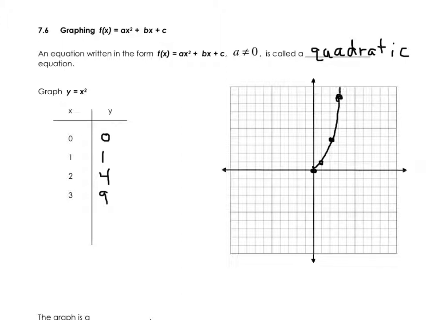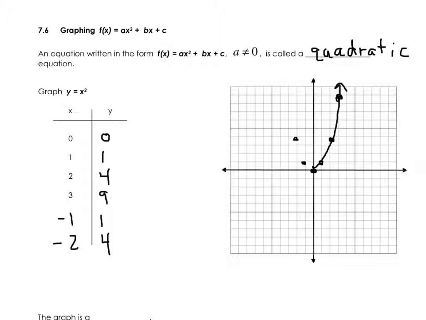So it looks like the line is going up, it's curved. What's happening to the left? If x is negative 1, you have negative 1 squared. That's also 1. So negative 1, 1. If you put negative 2 into the equation, you have negative 2 squared, which is positive 4. Negative 2, 4. Look what's happening.